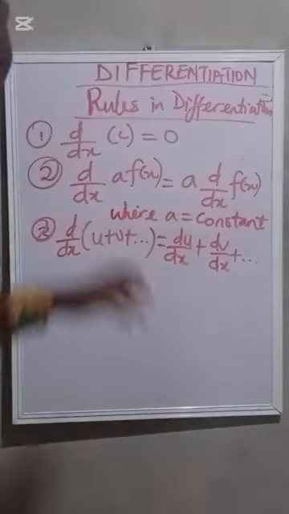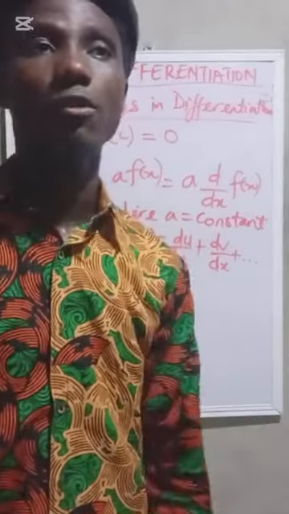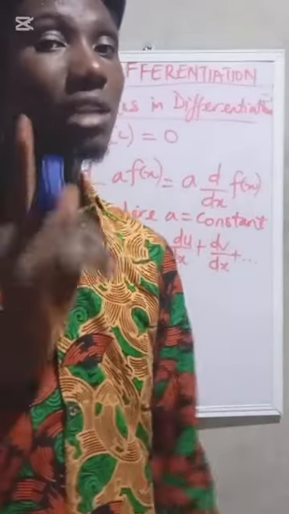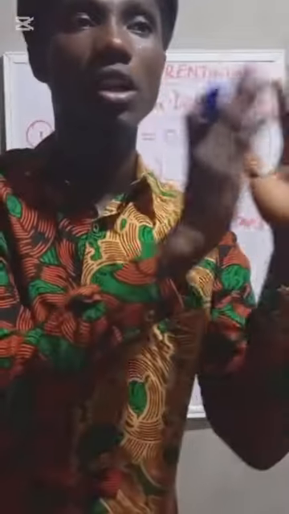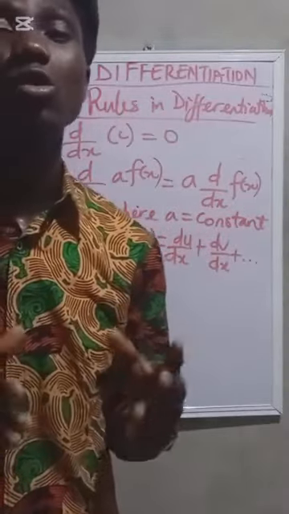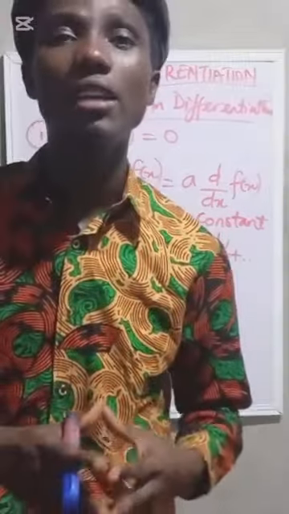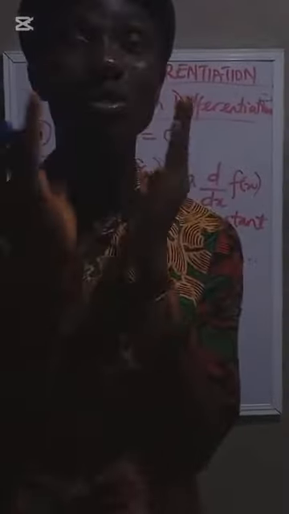This means that if you are told to differentiate a given function, note that those functions are with respect to x, right? A particular function separately, this function plus this function plus this function plus this function. If you are now told to differentiate it, that means you are going to differentiate each of those functions with respect to x. That's how we are going to differentiate.